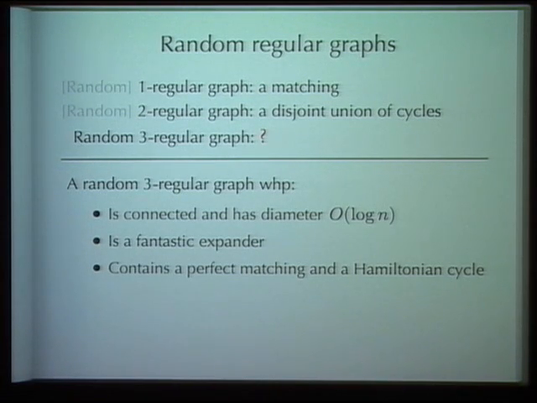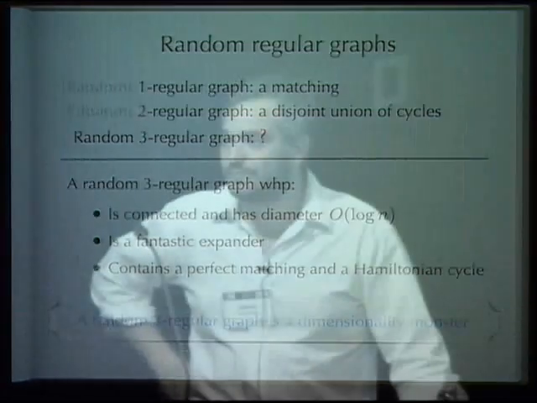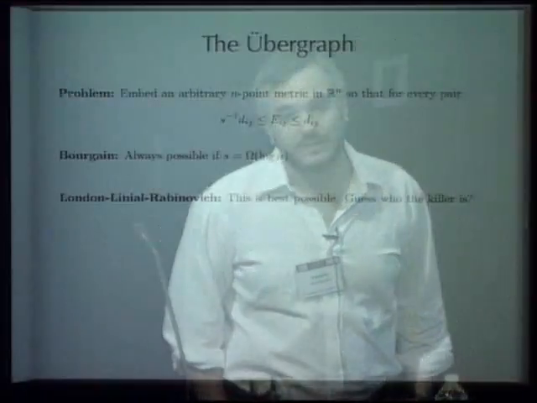Now, I would really be happy if, in some sense, the one thing that you come away from this lecture with is this idea that a random 3 regular graph is a dimensionality monster. The reason that it can have this incredible richness is because it is an otherworldly object living in very high dimensions. So to make this concrete, consider the following problem.